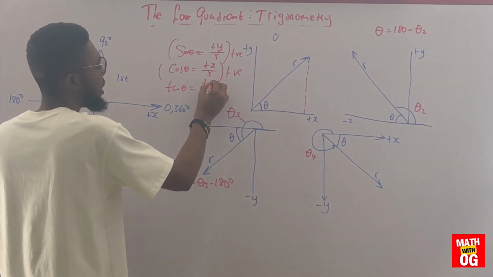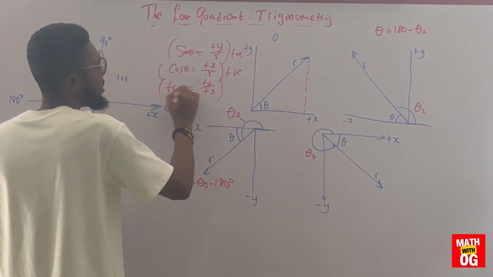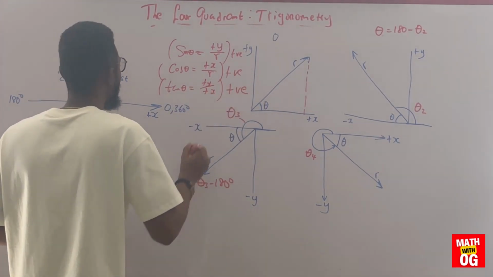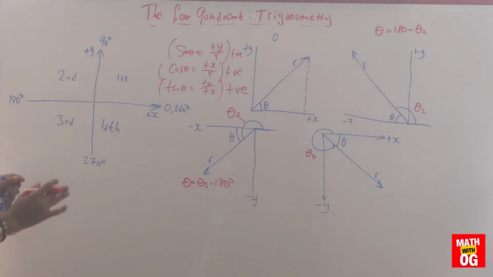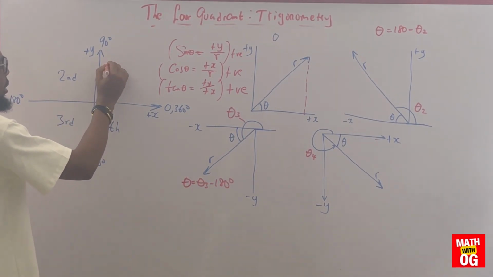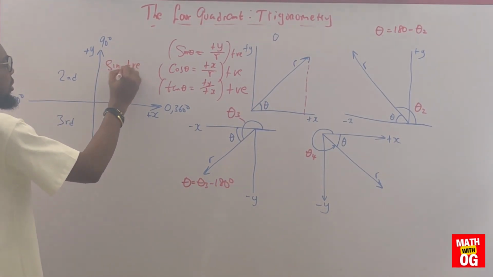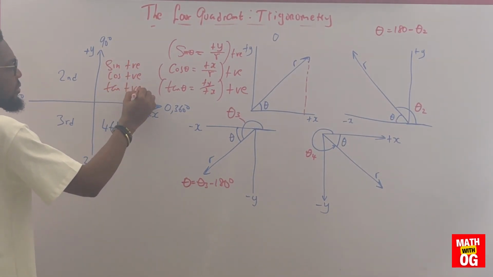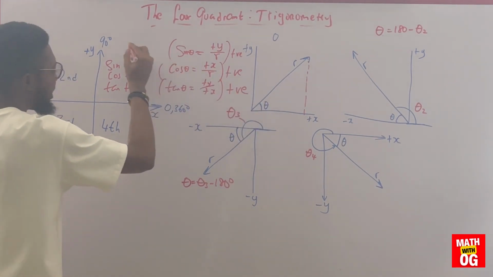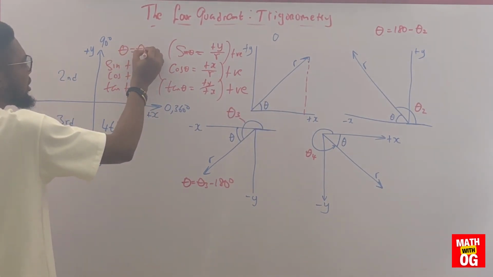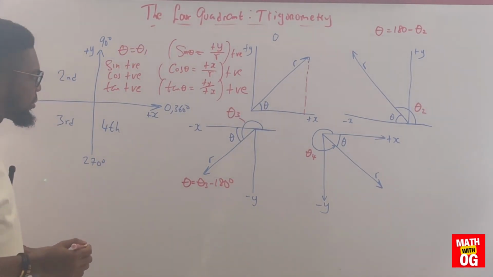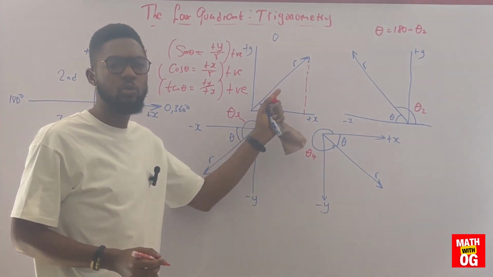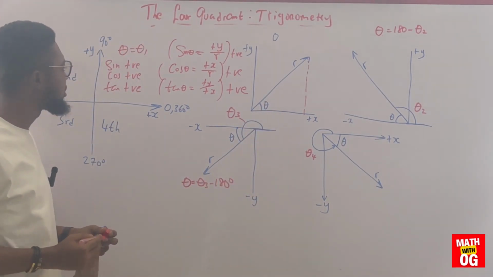That is positive y over positive x. That will also give us a positive value. So I can say in my first quadrant, my sine is positive, my cos is positive, and my tan is positive. And my theta in my first quadrant is simply equal to theta 1. So if I'm dealing with 20 degrees, 20 degrees is 20 degrees in the first quadrant.